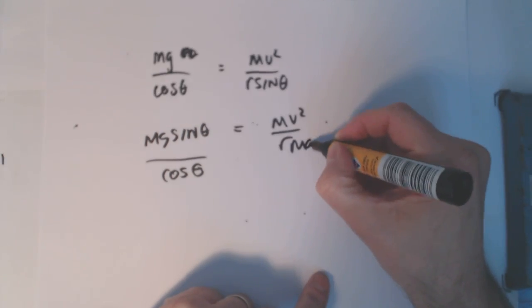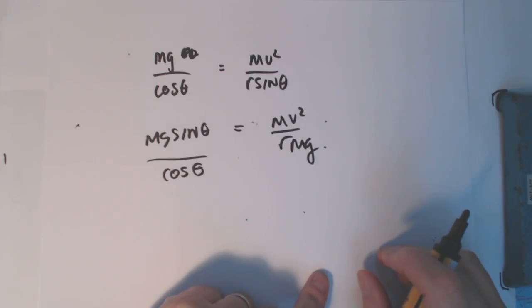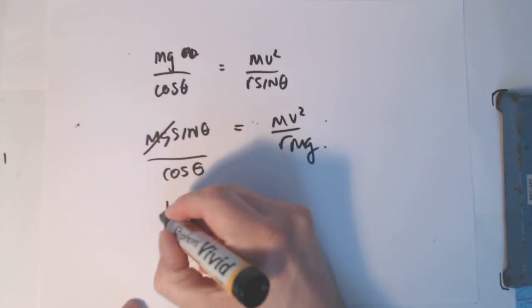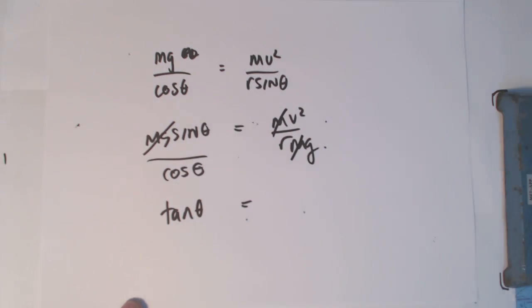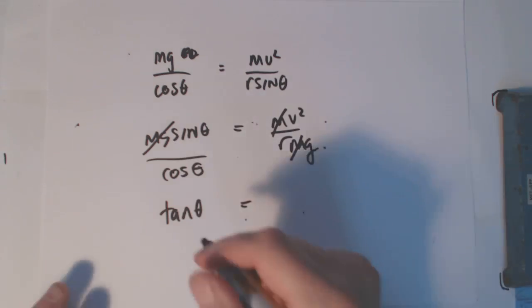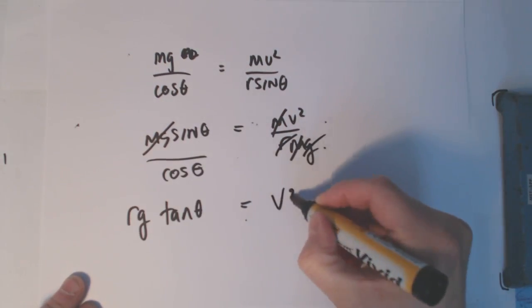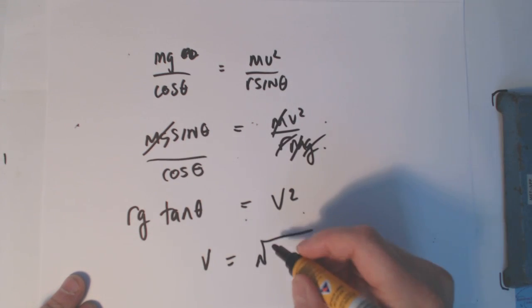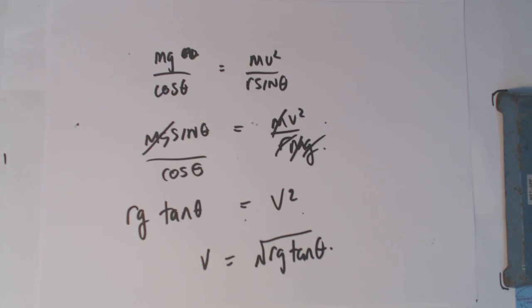And what we've got is tan theta: sine theta over cos theta equals tan theta. So we're making progress here. We can cancel those m's, and we've got rg tan theta equals v squared. So we can say v equals the square root of rg tan theta. Something worth remembering, that one, because it's going to come up a couple of times.